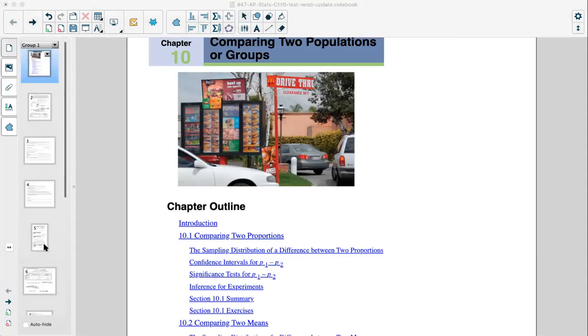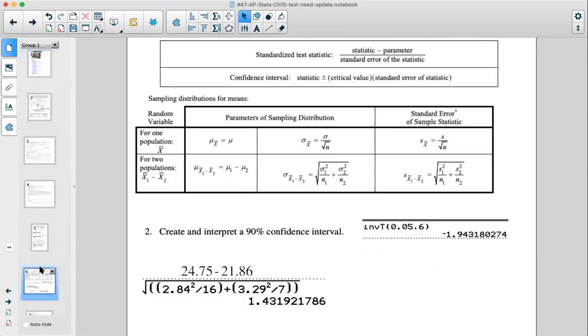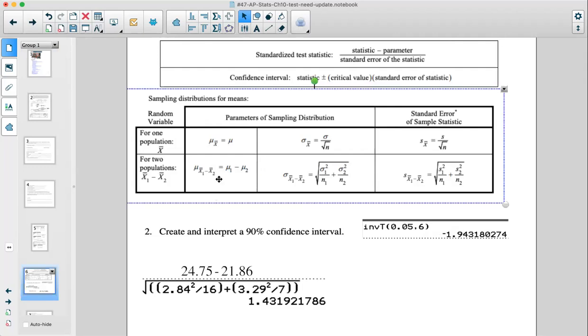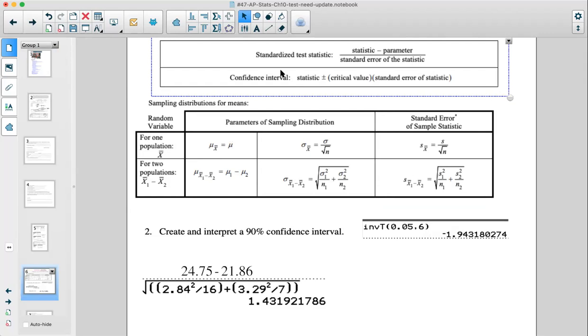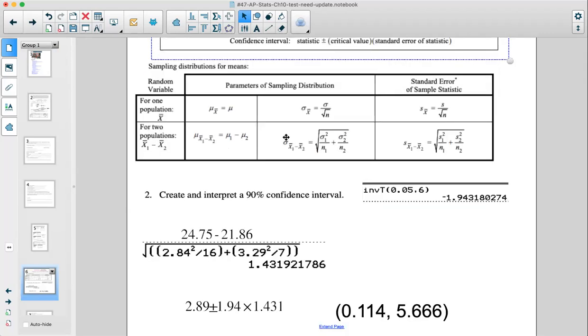Okay, I will grab this kind of thing. This is for mean. I maybe didn't cut and paste for the proportion. So I will cut and paste the proportion table, and we will move from there.